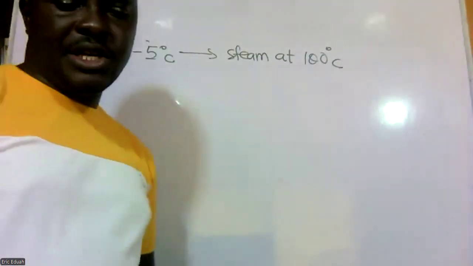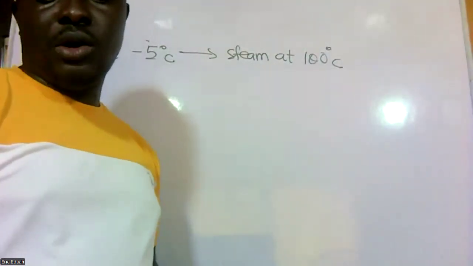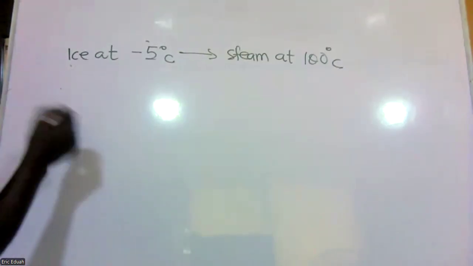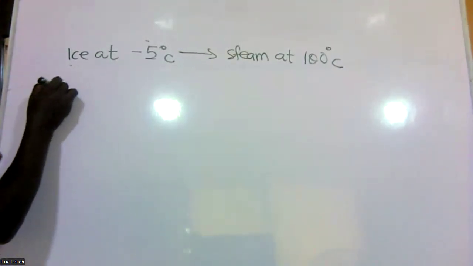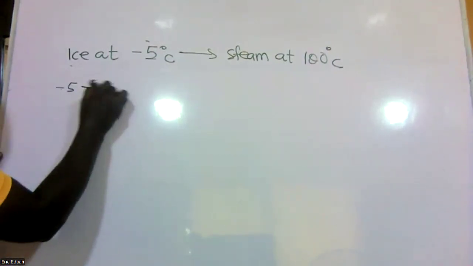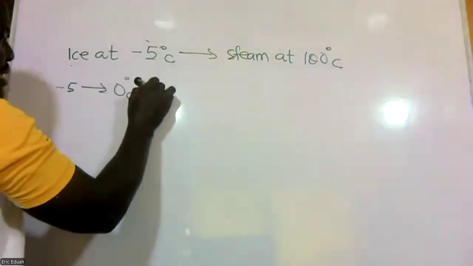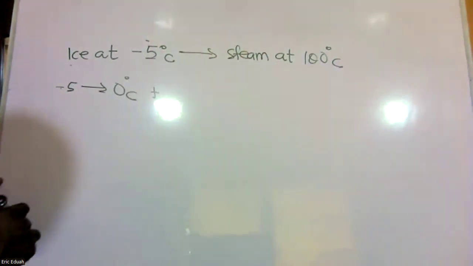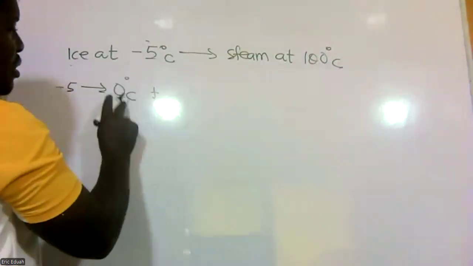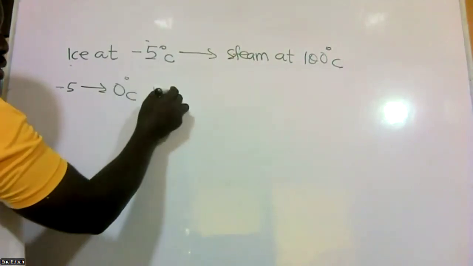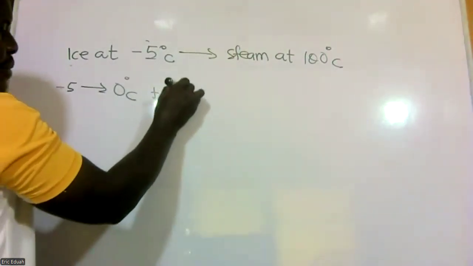So the only addition to the question would be, looking at the steps, raising the temperature of ice from negative 5 to 0, plus the amount of heat energy that would melt the ice at 0. So, Mlf.